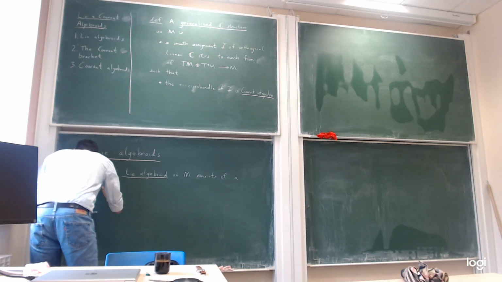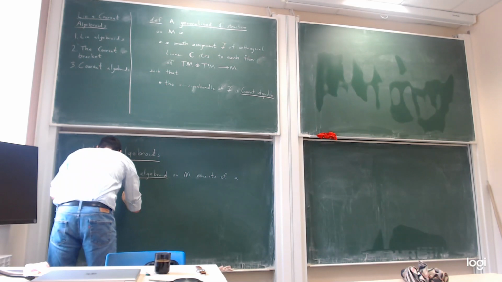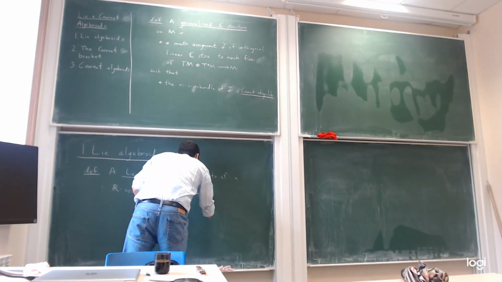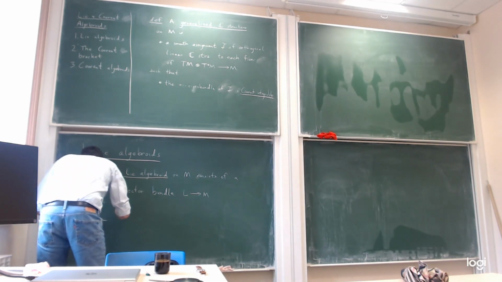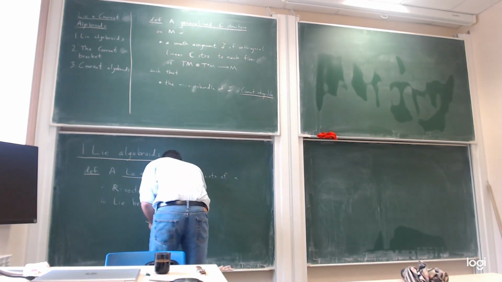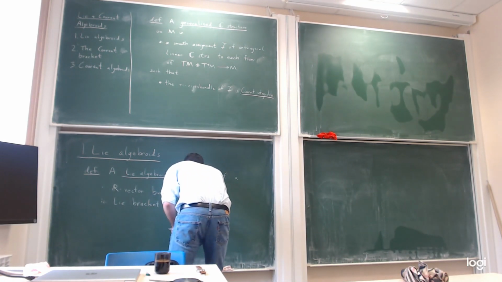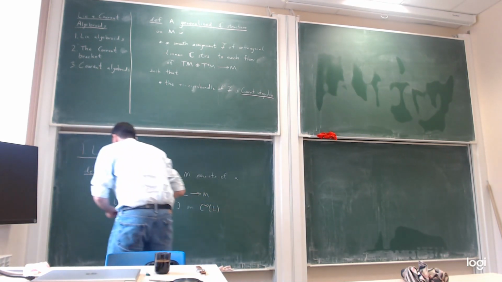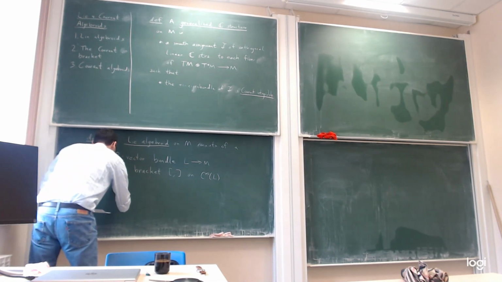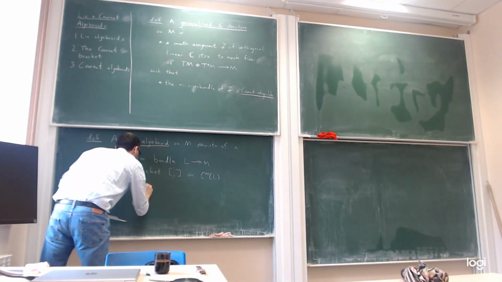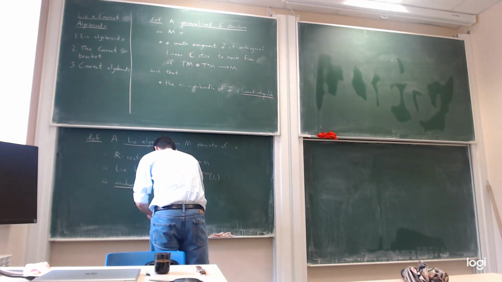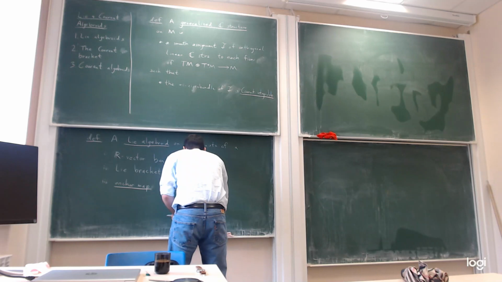One, a real vector bundle L over M. Two, a Lie bracket on the sections of L over M. And 3, an anchor map, where an anchor map is a smooth bundle map A from L to the tangent bundle of M.